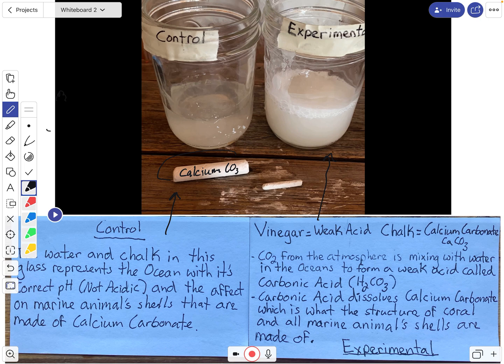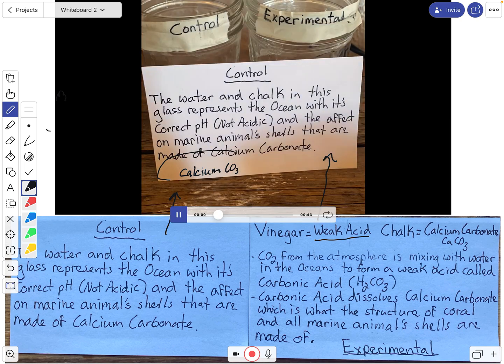Now on the right-hand side, I'm going to place the calcium carbonate, the chalk, into some vinegar. And vinegar is a weak acid similar to carbonic acid. So this is going to represent the calcium carbonate interacting in the carbonic acid. So let's check out what happens.